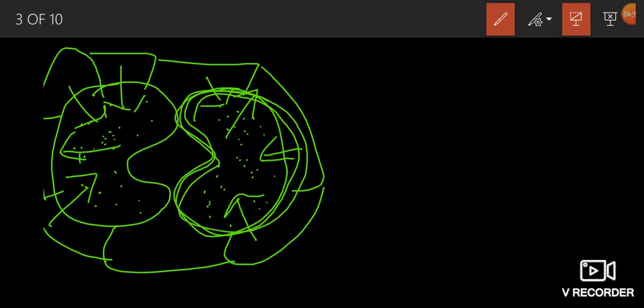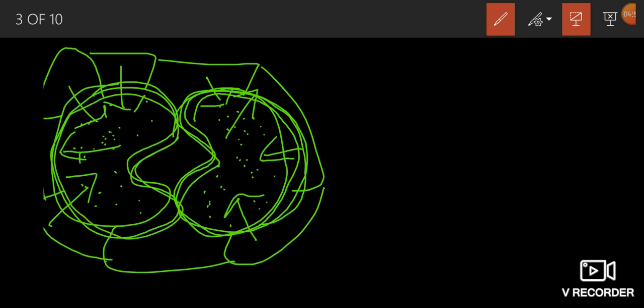Then these water molecules exert pressure towards the wall of guard cells. Then the guard cell undergoes turgidity. Turgidity means swelling. So automatically the stomata is open.